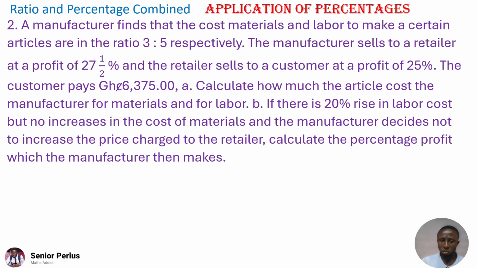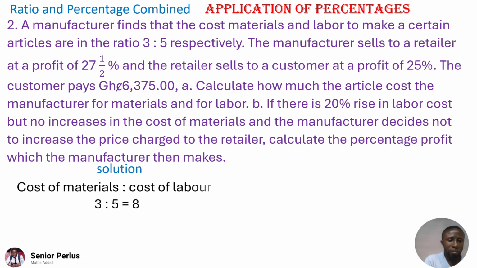let's continue the solution. Now that I know the cost price of the manufacturer, then the question again: calculate how much the article costs the manufacturer for material and labor. So the cost of material and labor are in a ratio 3:5. So material is 3, labor is 5, then the total is 8.